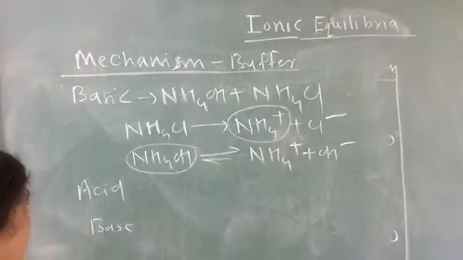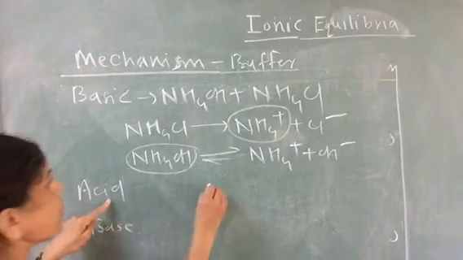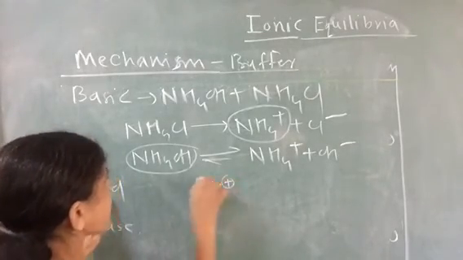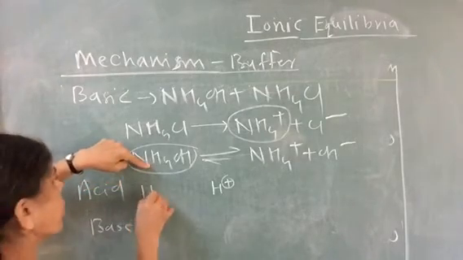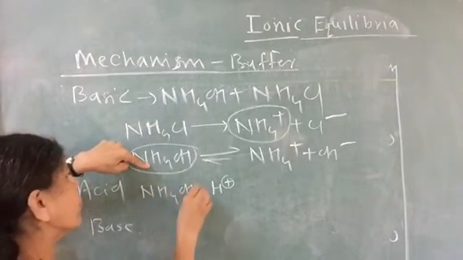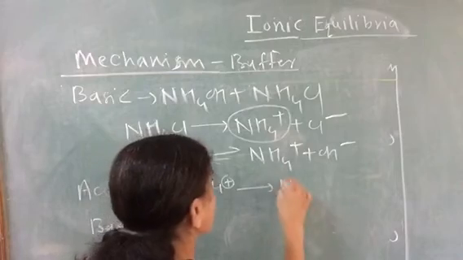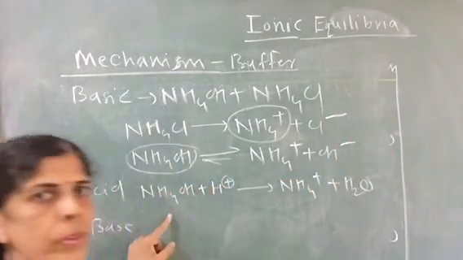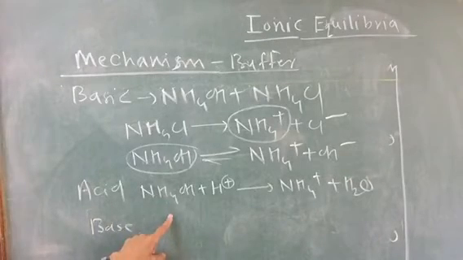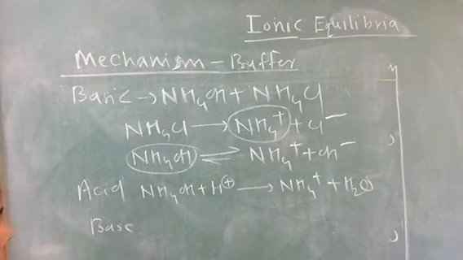If acid is added, H+ ions from acid will react with base NH4OH, and we will get NH4+ ions and water, neutral. Therefore, the pH will remain the same.